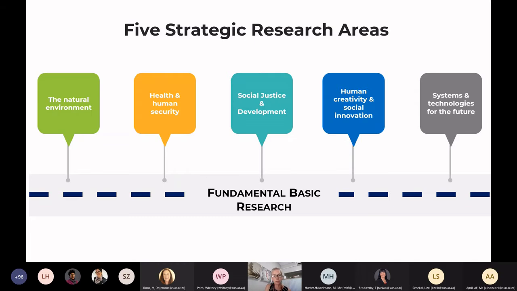And we wanted to make it clear that these are equally important for the development of future impact and future society, but that through these umbrella areas and through our approach, we want to create opportunities for people to be able to really work together across disciplinary boundaries.